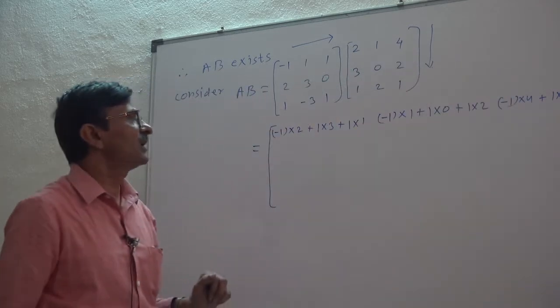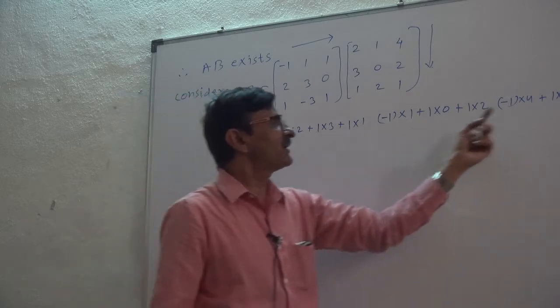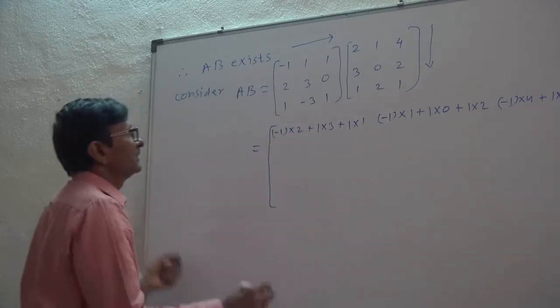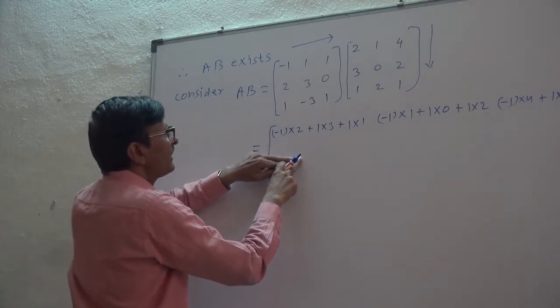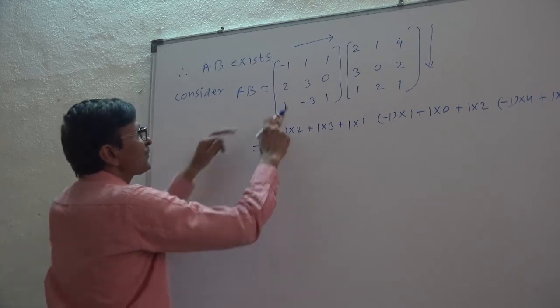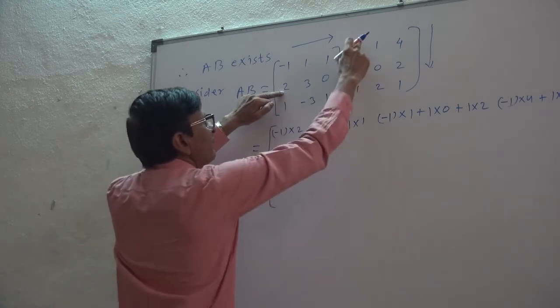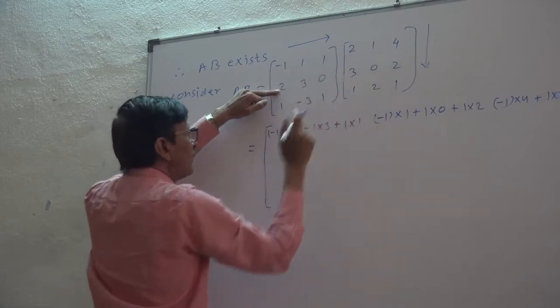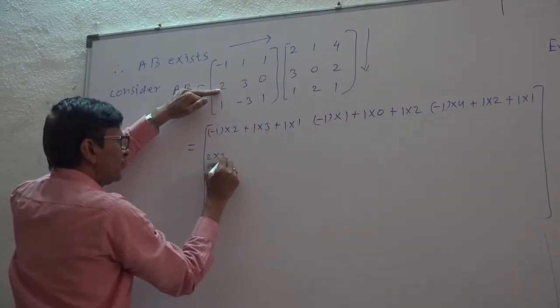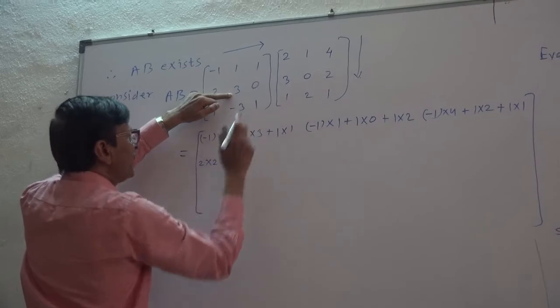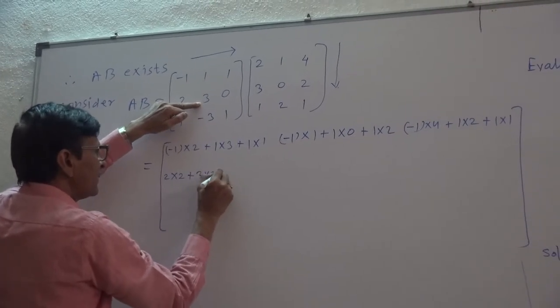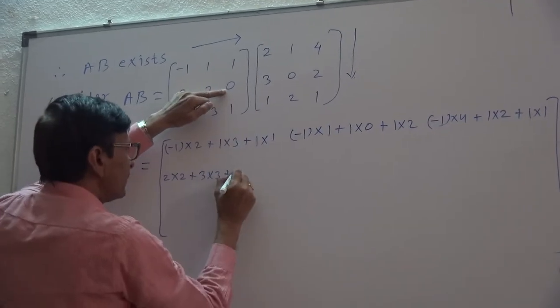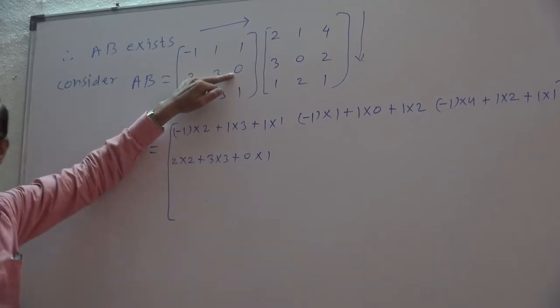So that will be the third element in the first row. Now next element, this element lies in second row, first column. So selecting second row and first column, product of corresponding elements 2 into 2 plus 3 into 3 plus 0 into 1.